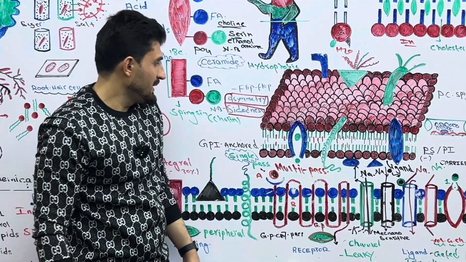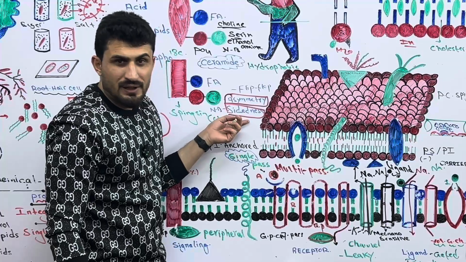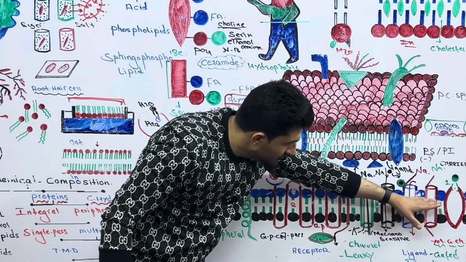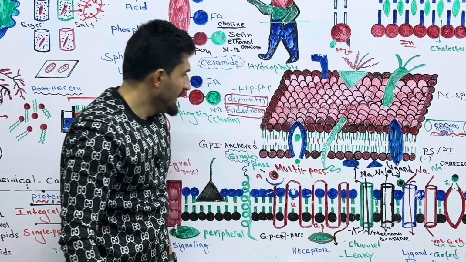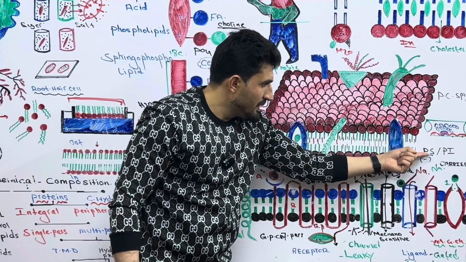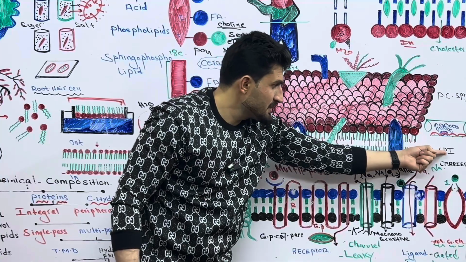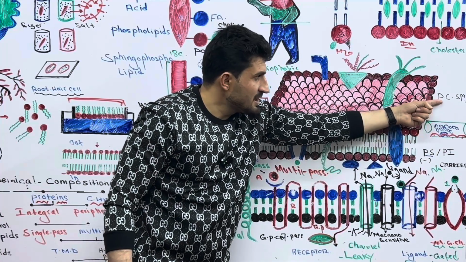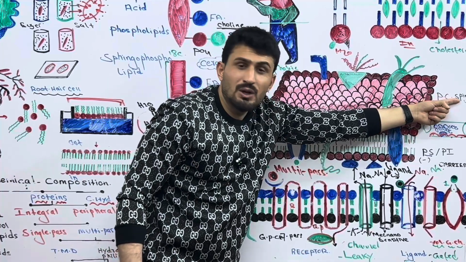This is called sidedness. It means we have two structurally and functionally different leaflets of the cell membrane. For example, in the inner leaflet we have phosphatidylserine and phosphatidylinositol, and in the outer leaflet we have phosphatidylcholine and sphingomyelin.